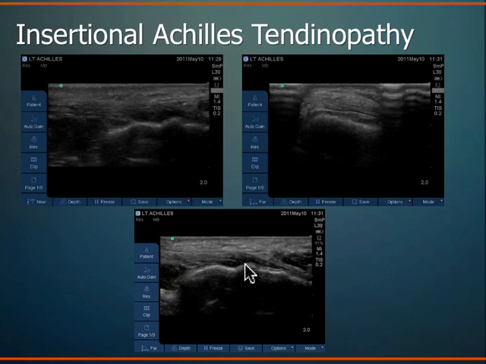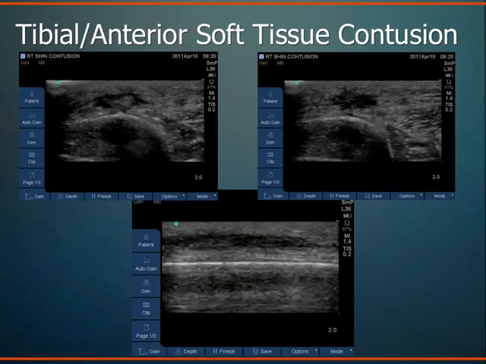easily visualized on ultrasound. This was a baseball player a couple weeks ago, got hit in the shin with a baseball, kind of a classic tibial contusion. Not necessarily something you would typically image clinically, but just a very good example of what you can see on ultrasound.